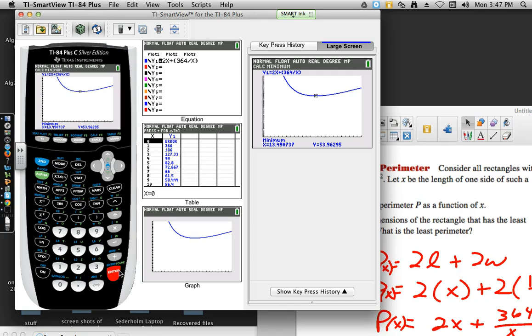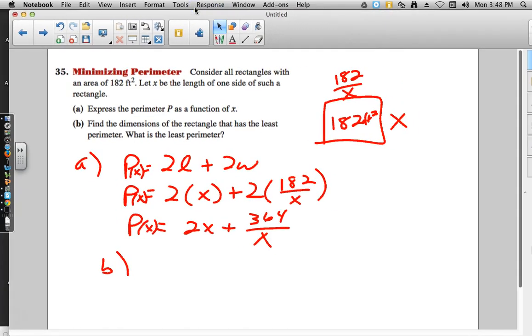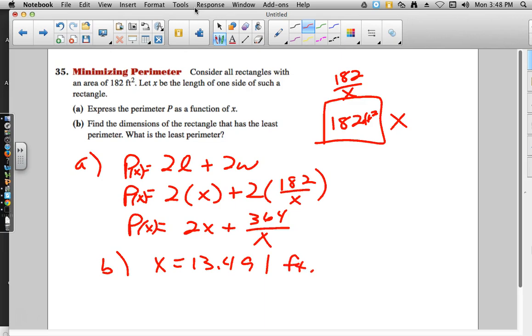We have a minimum at x equals 13.491. And let's see what this was in. This was all in square feet, so that would be feet. And it said find the dimensions of the rectangle that has the least perimeter, so we would need the other one.